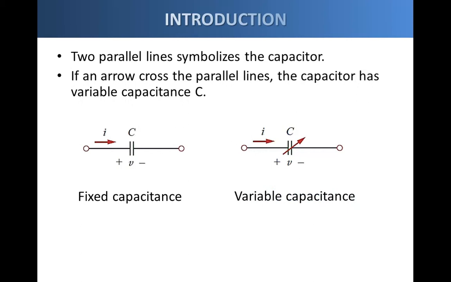We can identify a capacitor by its two parallel lines with terminals connected on the two parallel lines. If a parallel line has an arrow, we call that capacitor a variable capacitance capacitor. While if it has no arrow crossing the two parallel lines, we just call it a fixed capacitance capacitor.